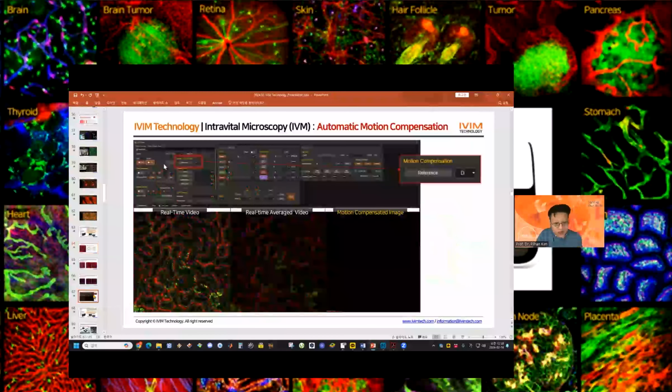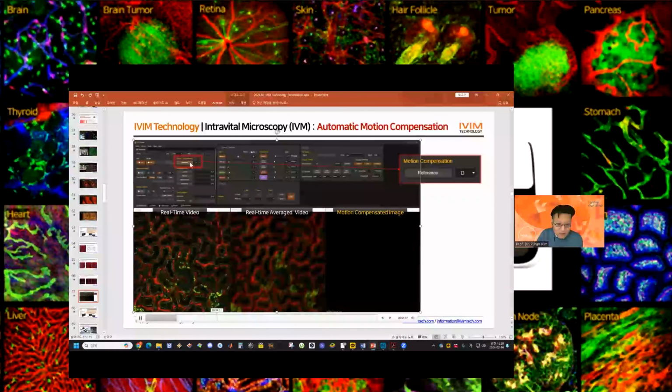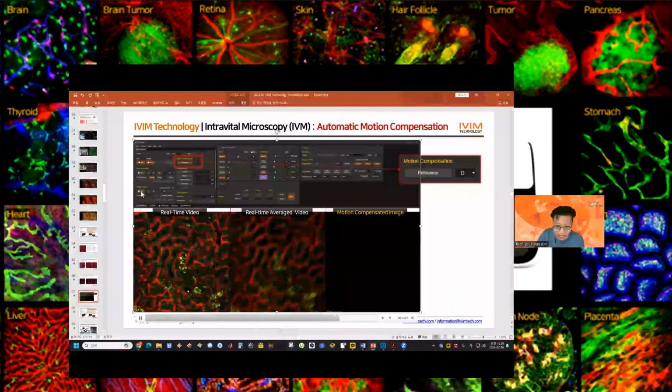Actually, this function is already integrated in our microscope. And this image registration is accelerated by using GPU processing, so you can do it almost in real time. So this is one example.